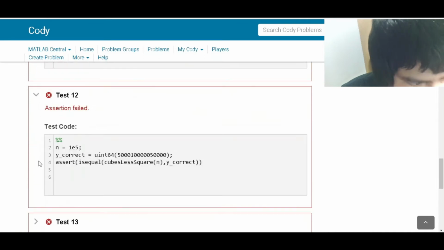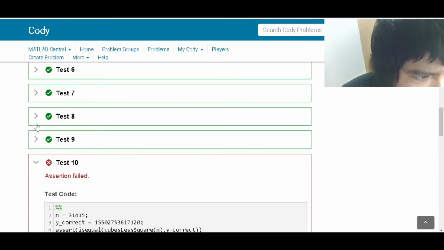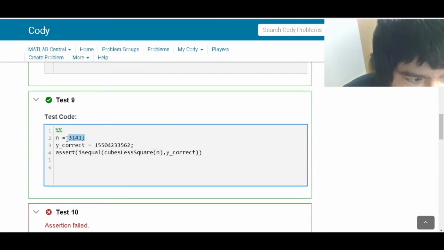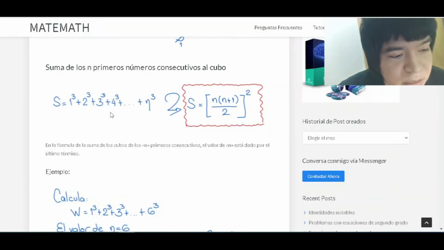because probably they are too big. The numbers are too big and we cannot make it work. As you can see, it can work with smaller numbers, and now we have to think how to make this. And yeah, as we can see, there is actually a formula that I didn't remember and maybe I didn't even know. So there is a formula to get the sum of consecutive cubes of these numbers.